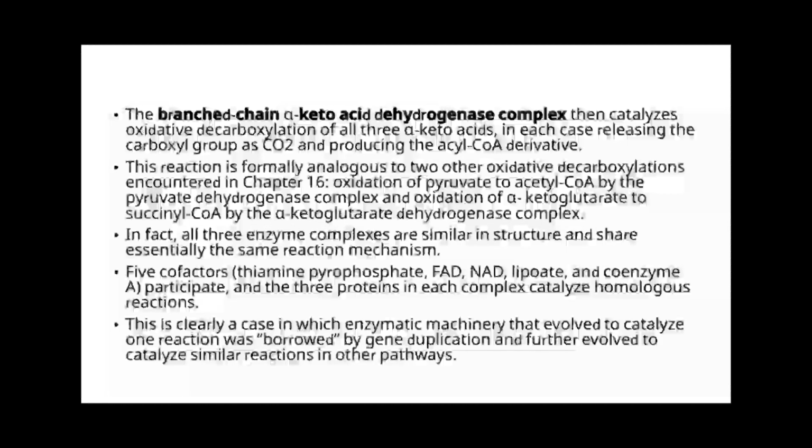Now, this reaction is actually quite similar to 2 other oxidative decarboxylation reactions we've discussed earlier in Chapter 16. One is the oxidation of pyruvate to acetyl-CoA, facilitated by the pyruvate dehydrogenase complex. The other is the oxidation of alpha-ketoglutarate to succinyl-CoA, carried out by the alpha-ketoglutarate dehydrogenase complex.